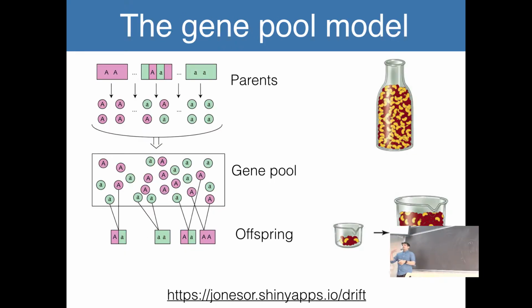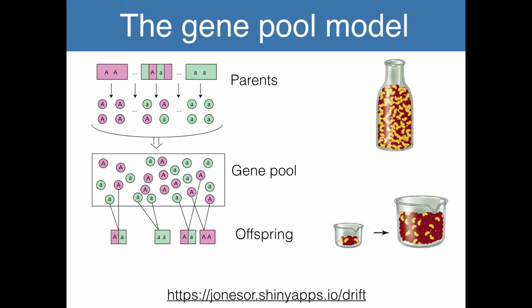And this is thought about and modeled mathematically by what's called the gene pool model, which models the genes in the population as a pool, illustrated by that filled bottle of yellow and red balls, yellow and red genes.